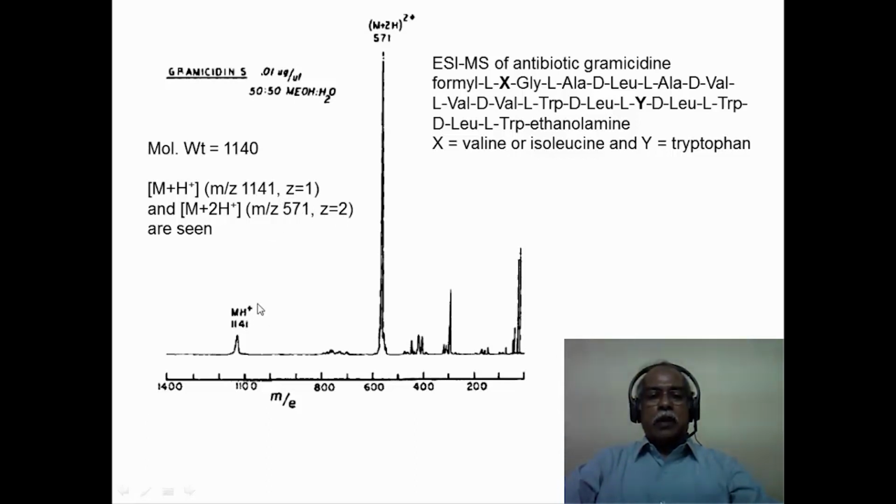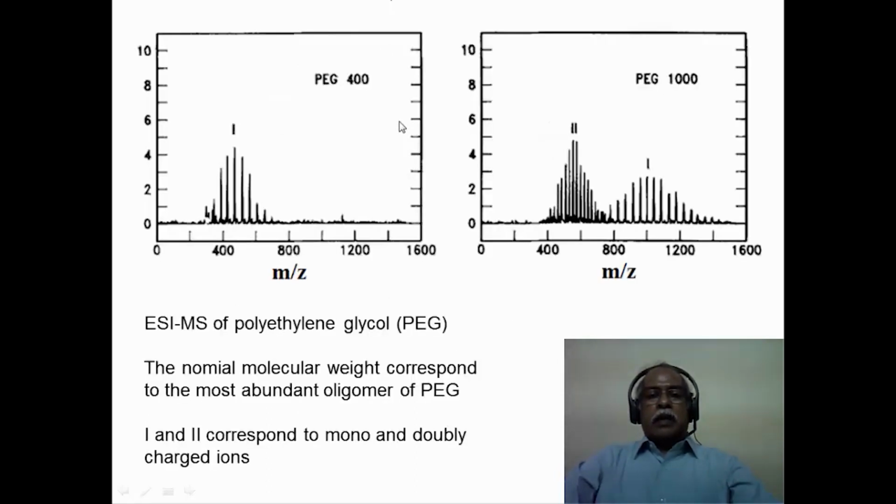So one sees the molecular ion plus the proton at 1141 as a small peak here. The doubly protonated system is the major peak in particular conditions. This is a major ion that is produced. So from this we conclude that it is a molecular weight of 1140, which is a doubly charged ion, which corresponds to 571 in this particular case.